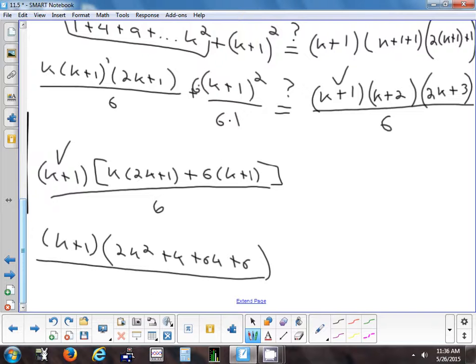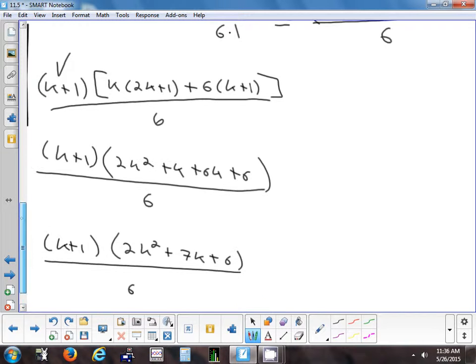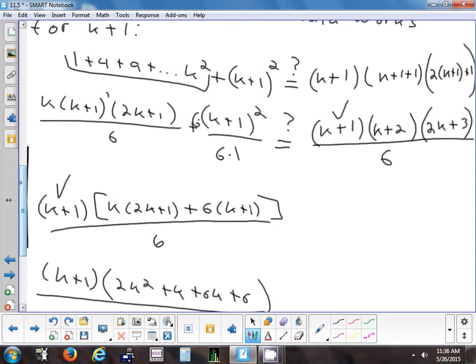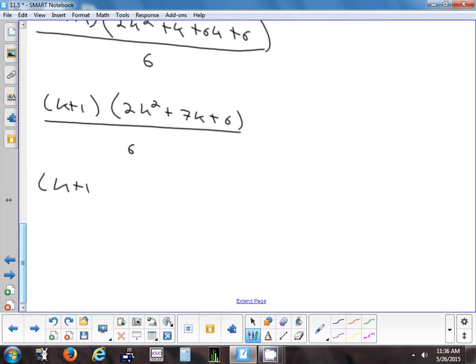That's still over 6. Okay, combine your like terms. You're going to get 2k squared plus 7k plus 6. And we're hoping that that part factors into k plus 2, 2k plus 3. Let's just try it and see if it works. And then we'll check it.